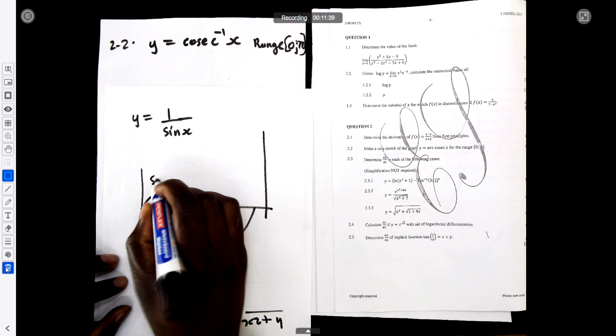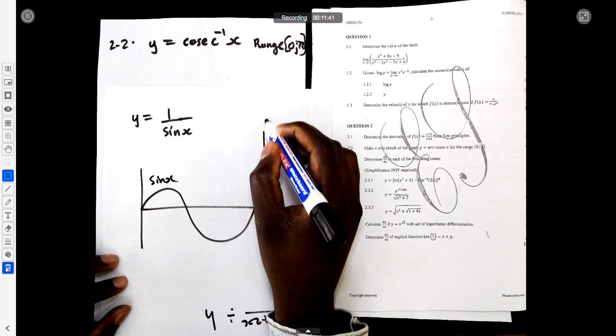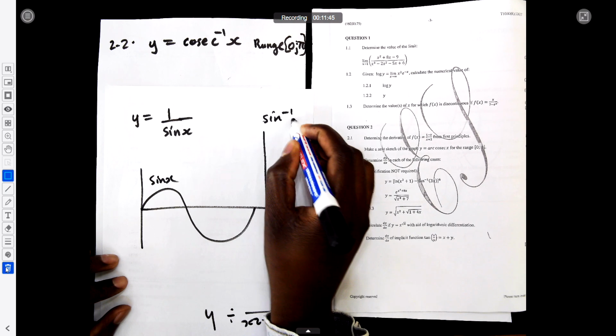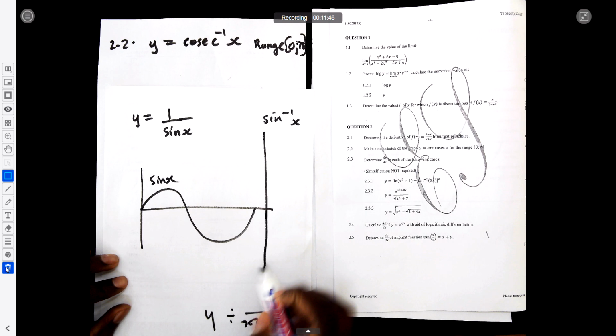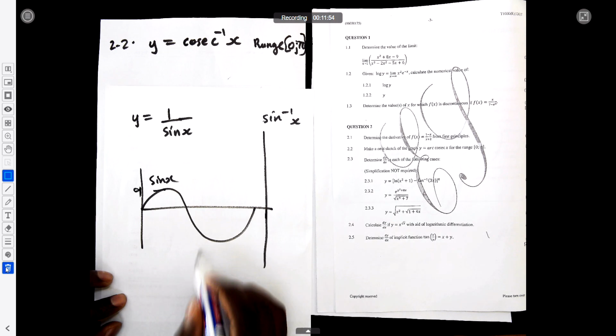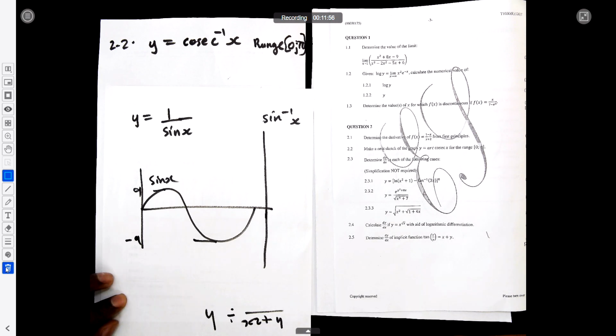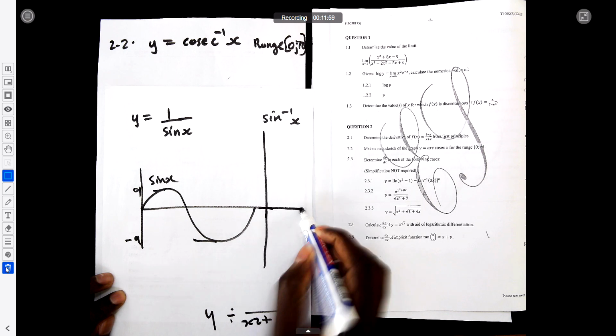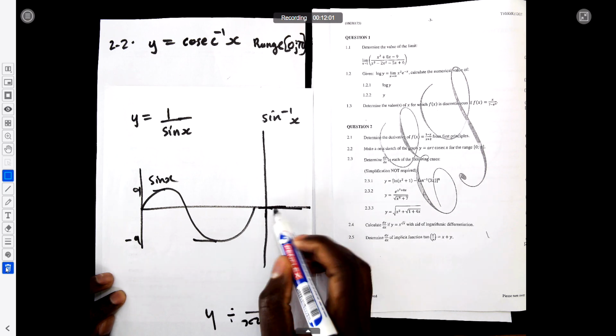So this is a sine graph, with amplitude a and amplitude minus a. With the reciprocal graph, let's say maybe this is now the x axis.